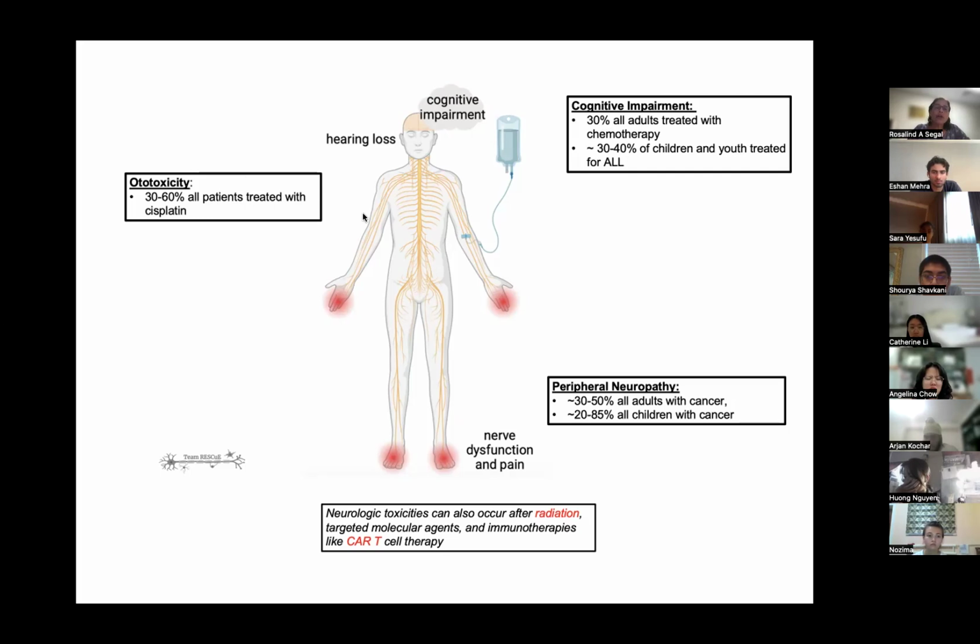Hearing loss occurs in patients treated with a particular kind of chemotherapy. And the most common, and the one we're going to talk about today, peripheral neuropathy, which is seen in about 50% of patients treated for cancer.